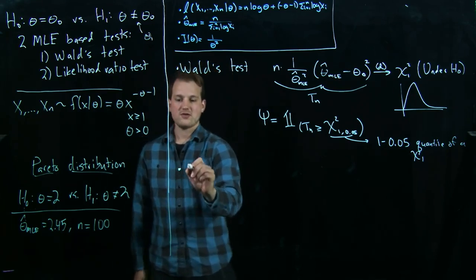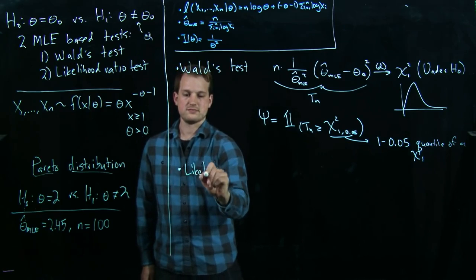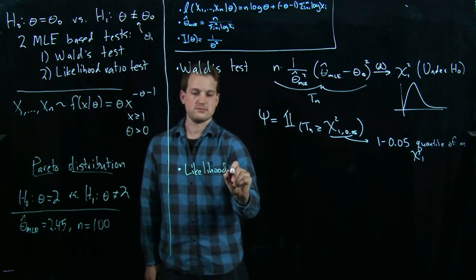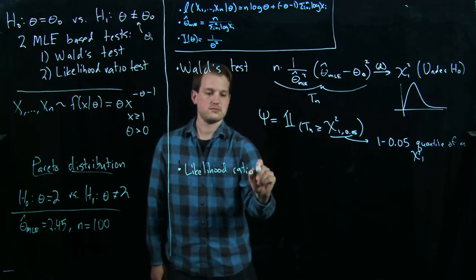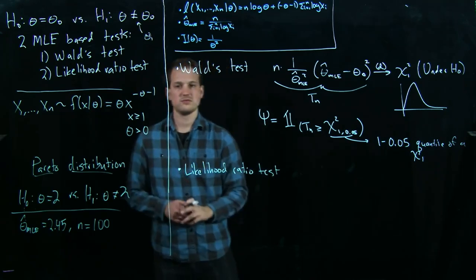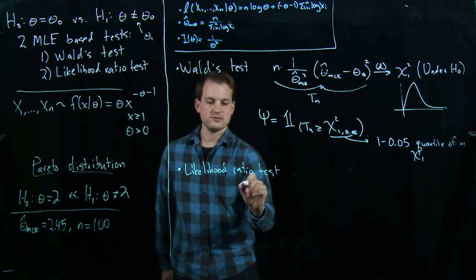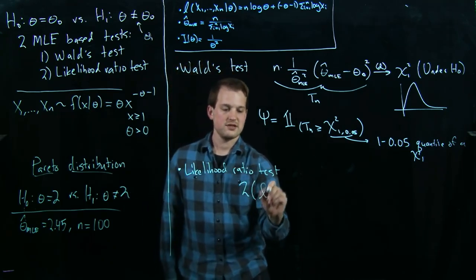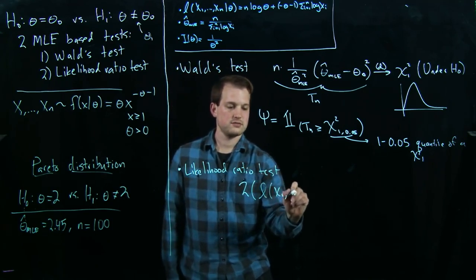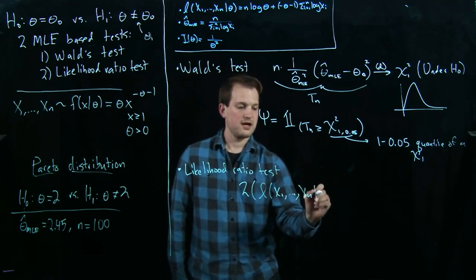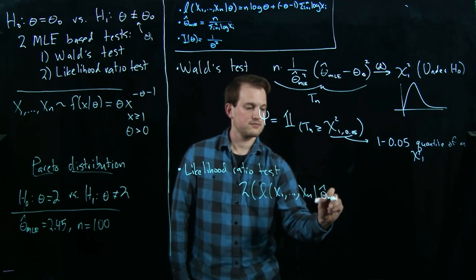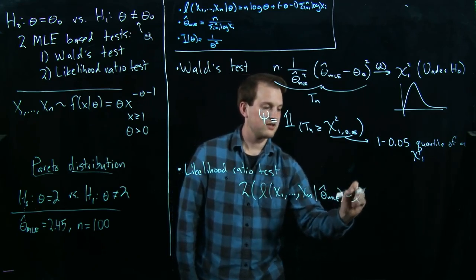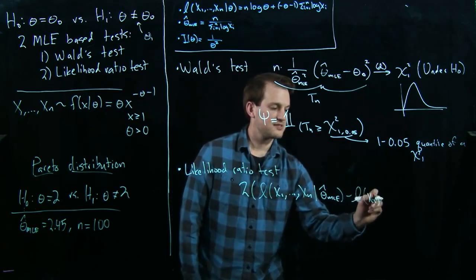Now remember the likelihood ratio test. It has the form 2 times the likelihood of the MLE minus the likelihood of the null hypothesis value.